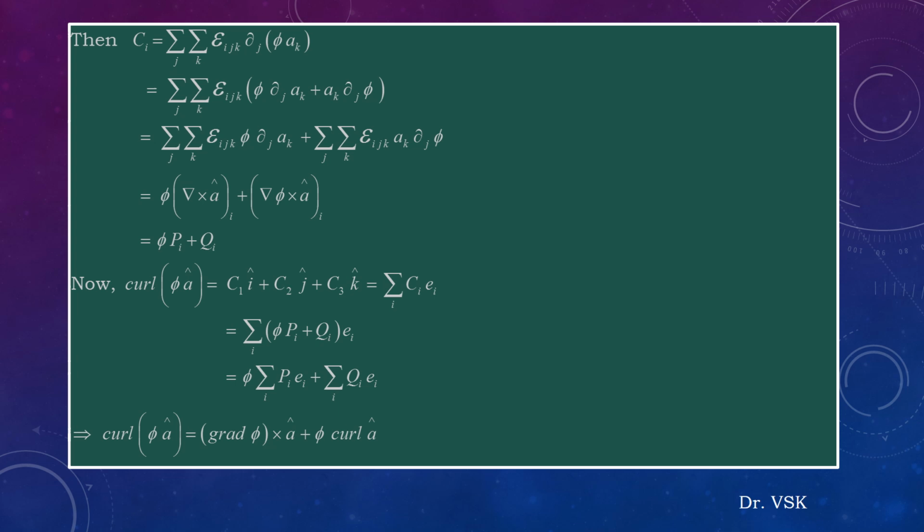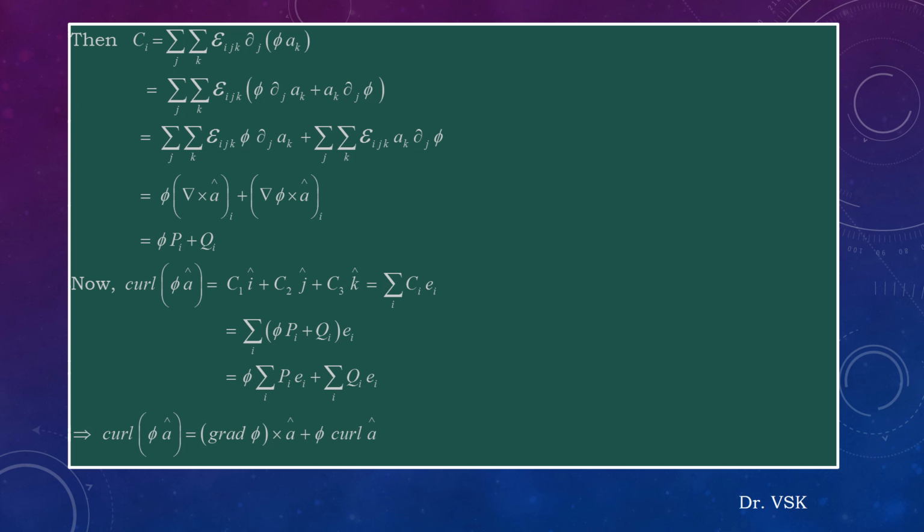To get the entire curl of phi a cap, we have to take the expression curl phi a cap equals c1 i cap plus c2 j cap plus c3 k cap. We have to substitute c1, c2, c3 here in this expression.